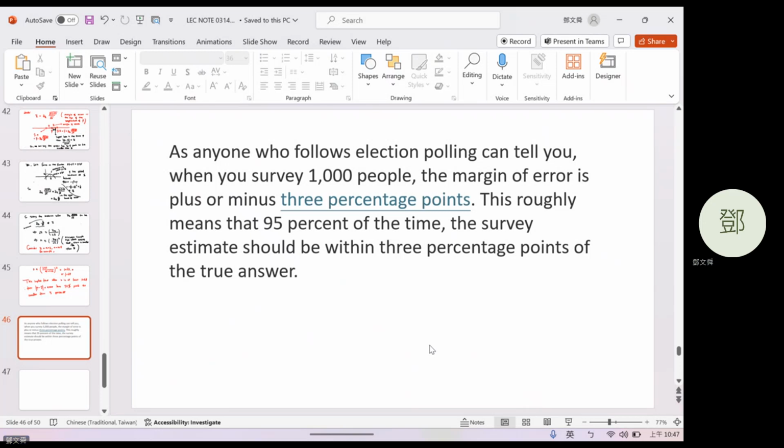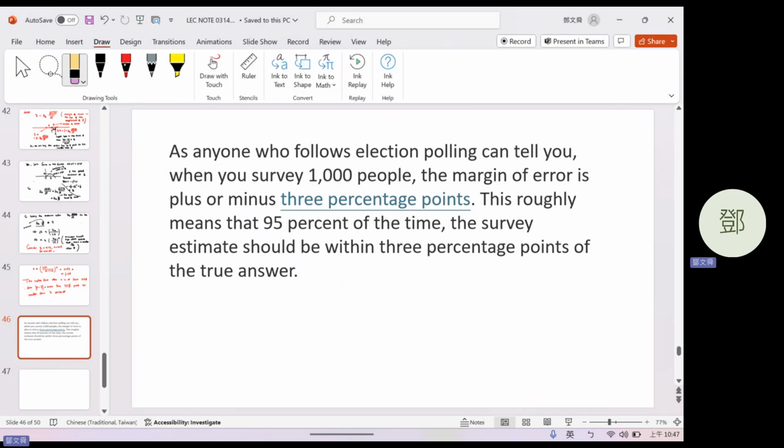This is p, the true answer, and this is p hat.